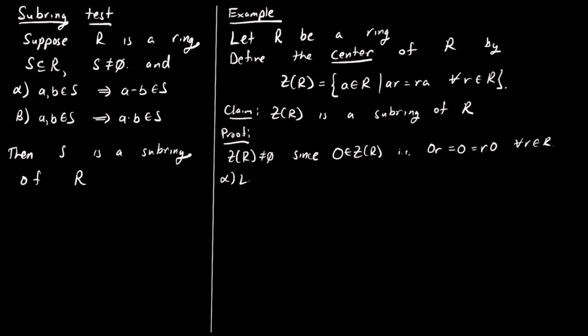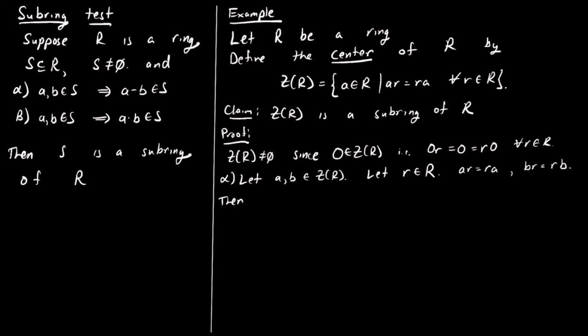So alpha, I'll say let a and b be elements of Z of R. And what I'm going to do is I'm going to take an arbitrary element, little r, in my ring R. Okay, so what do I know? I know that ar is equal to ra and br is equal to rb. Okay, so let's check that this is closed under subtraction. I need to show that a minus b also commutes with r.